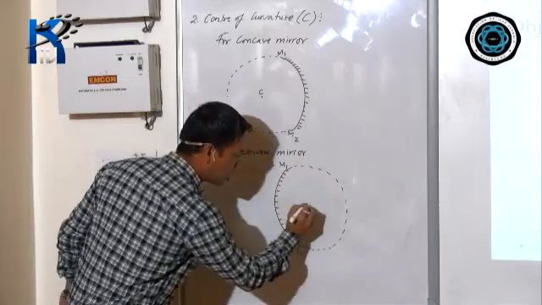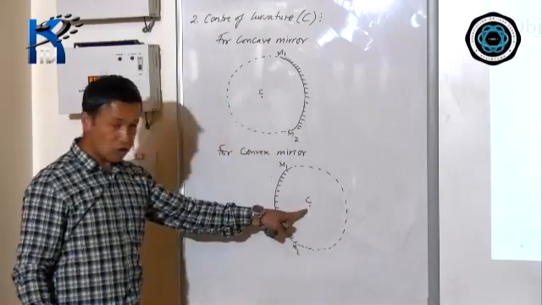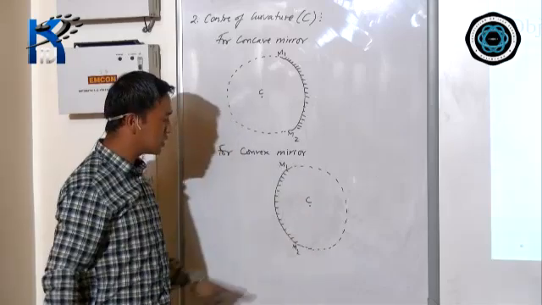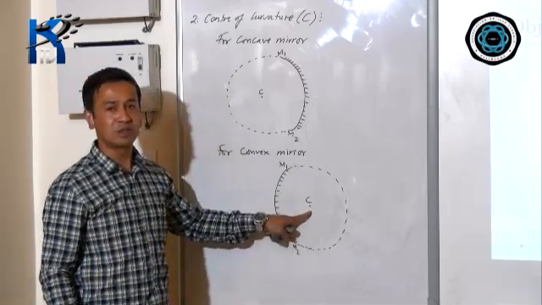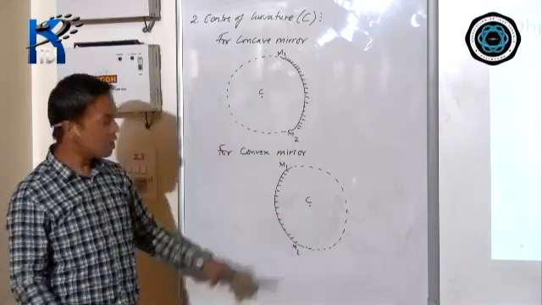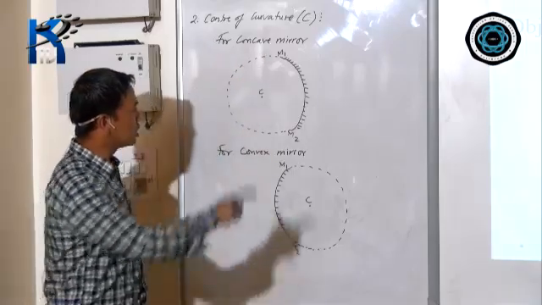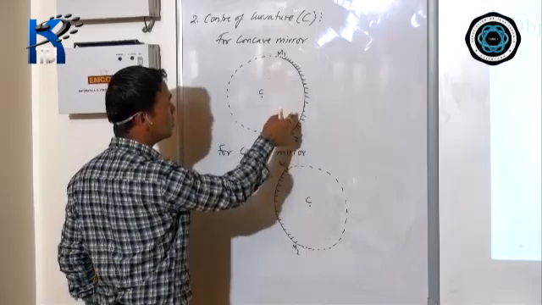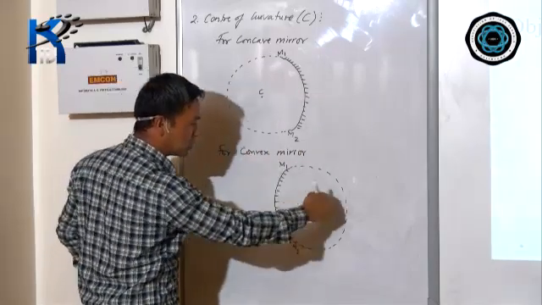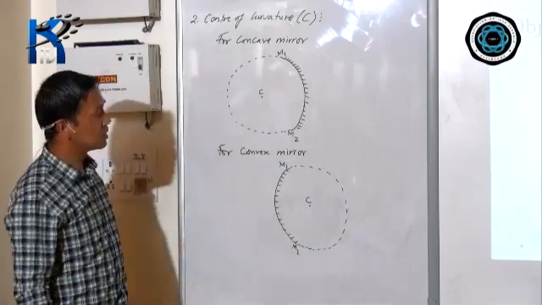For this hollow sphere also we have a what? Center point, and we mark it by the letter C. And this center of the sphere of which the mirror is a part, for the convex mirror, is also called the center of curvature. That means we can define the center of curvature not only for a concave mirror, but also for a convex mirror. The difference is that the center of curvature for a concave mirror usually lies on the left side, whereas for a convex mirror it usually lies on which side? Right side.